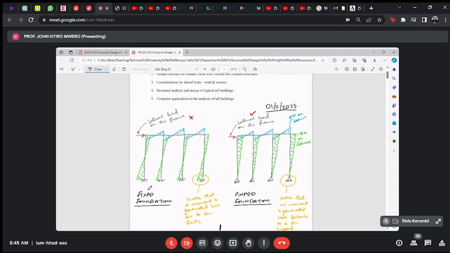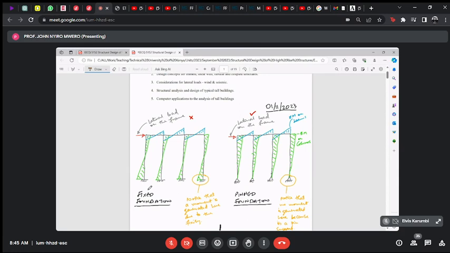If you model your structure as pinned in analysis, you will get 0 moments at the support. In theory, when you design the structure, you will not design that support to carry any moments. Now, we know that this is not absolutely true because of the nature of concrete and how it is reinforced, it is next to impossible to have a perfect pin. But it will not be designed to carry moments.